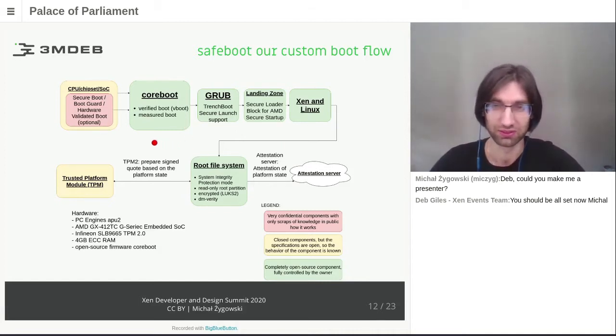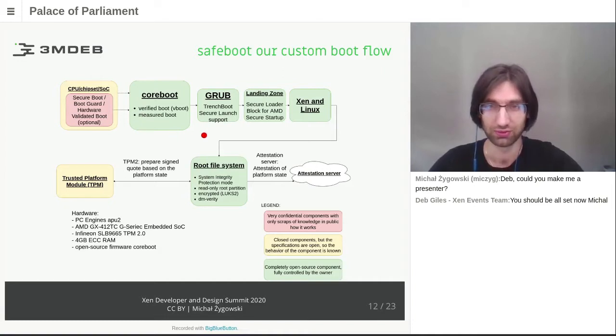Coreboot is an open source firmware framework, and PC Engines APU2 is supported by coreboot. And we can have the UEFI secure boot equivalent, which is verified boot. It also relies on signed firmware components that are verified during the boot process, and we can also have support for measured boot, so we can utilize the TPM to measure the components.